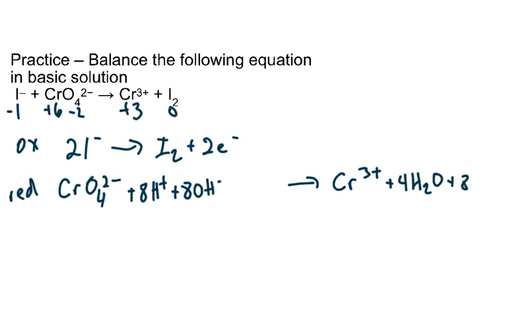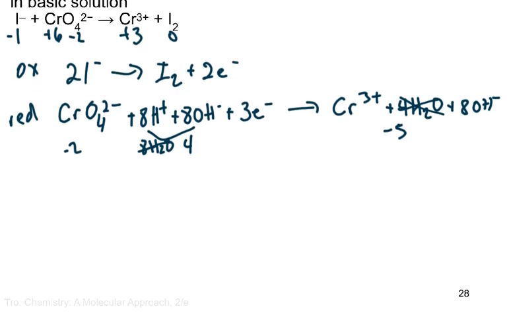So this is going to make 8 water, which is going to cut down to 4 because I'm going to get rid of those 4. Then balancing for charges, I have -2 on this side, +3 minus 8 gets me -5 on that side, so I'm going to be adding 3 electrons.